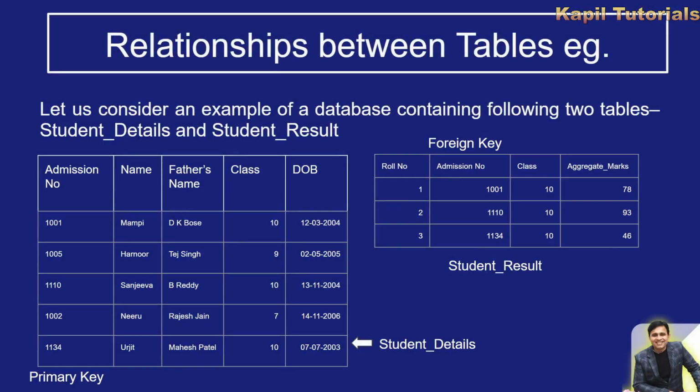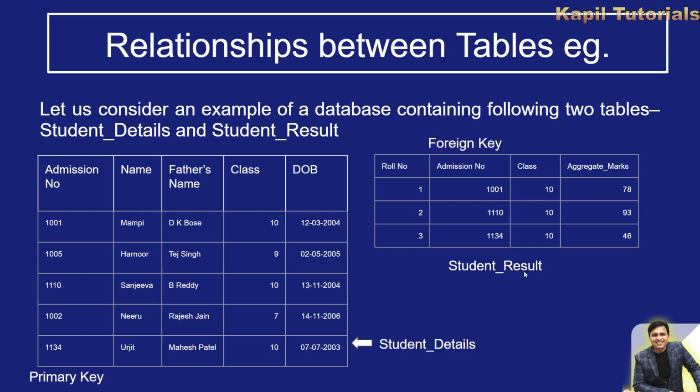As earlier also I have shown you this slide, admission number here is the primary key. It is unique. This number will not be duplicated.